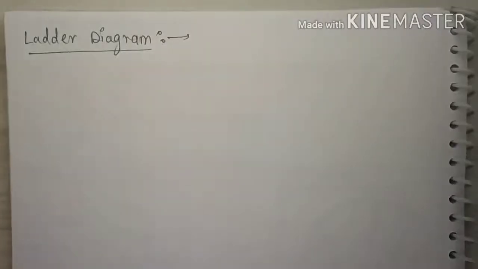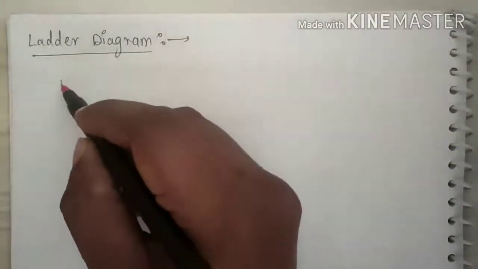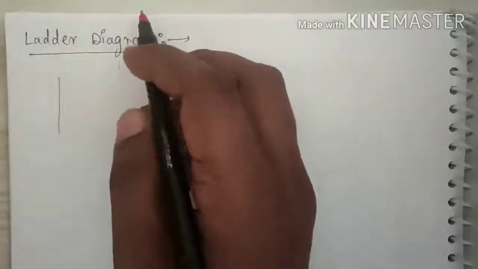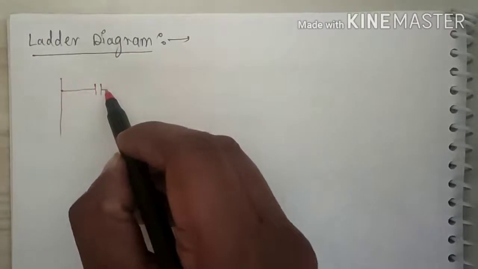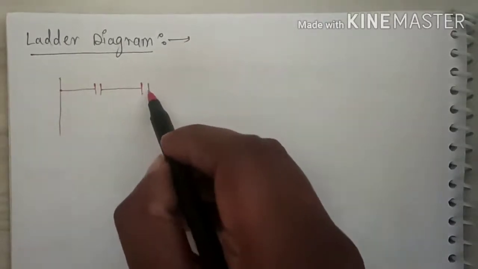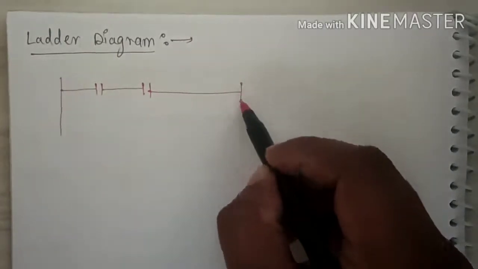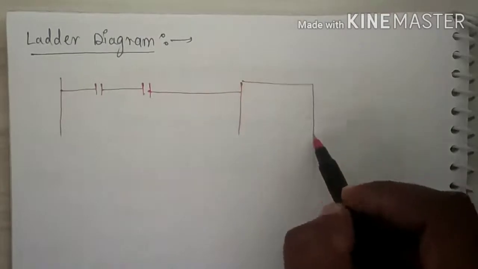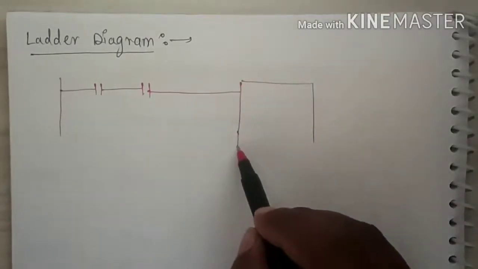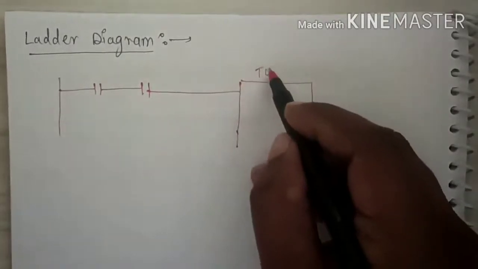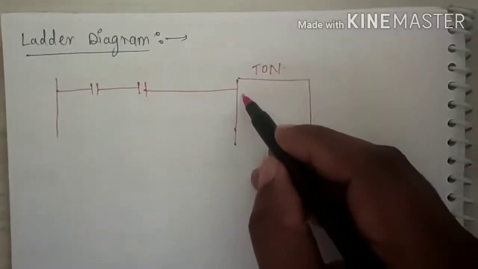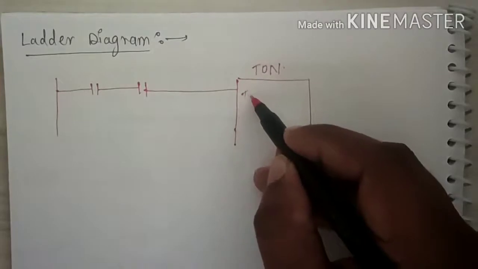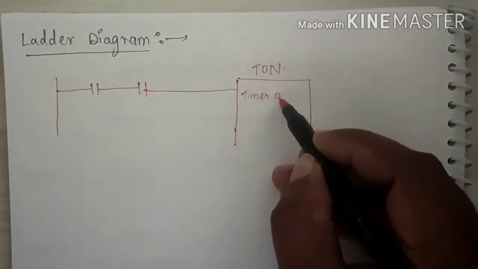Okay, this is the supply, then we have two switches. Then we are using a timer and counter, right? Let's suppose I have a T on timer here. I'll write here timer on delay.